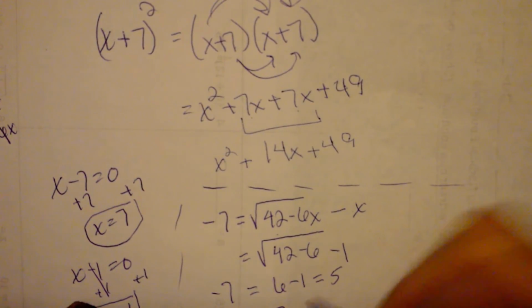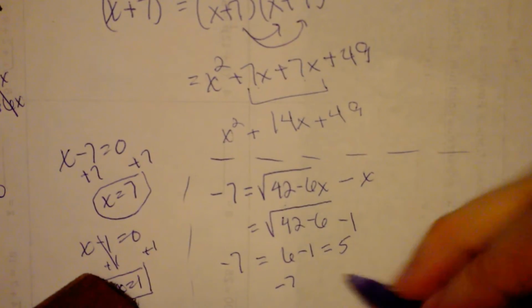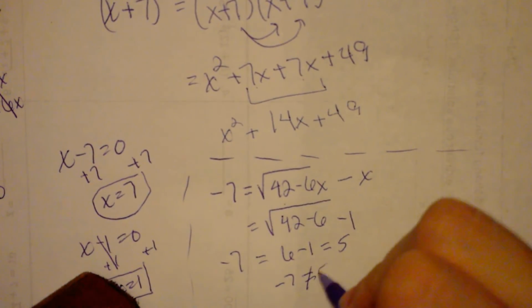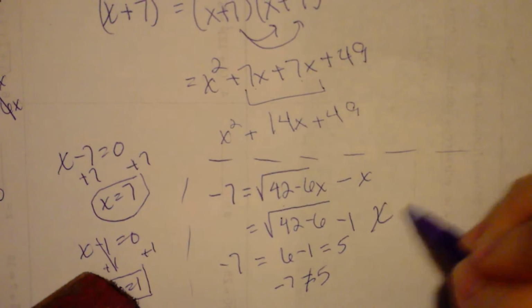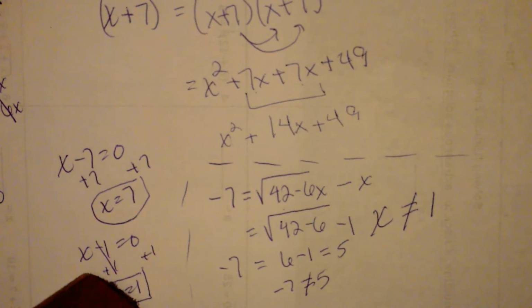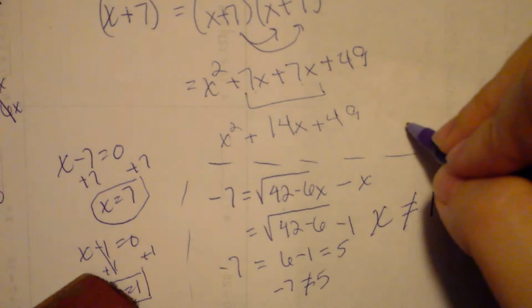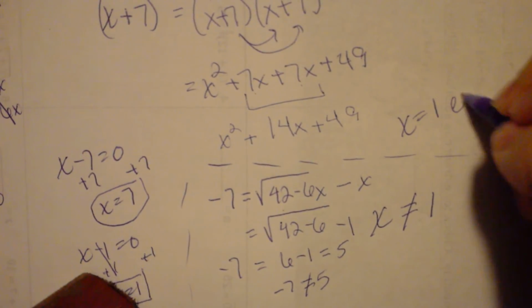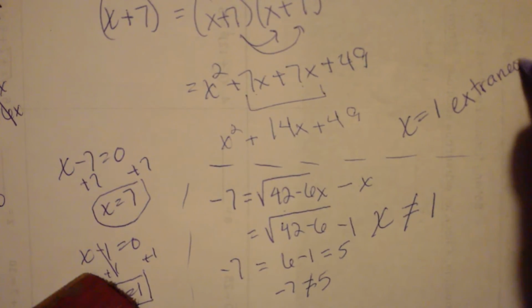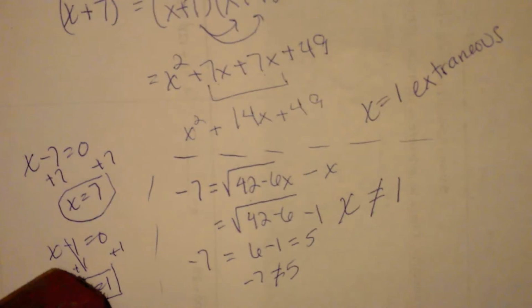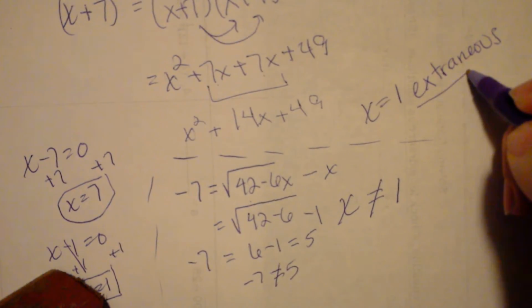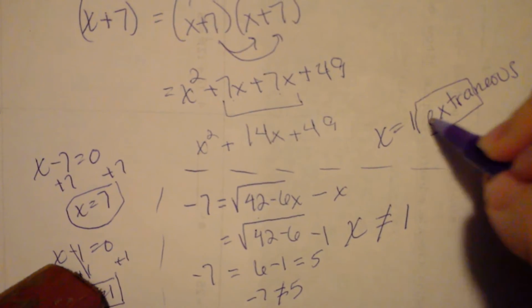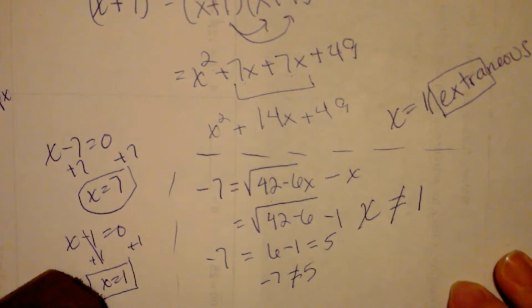Negative 7 does not equal 5. So x is not equal to 1. So when I got that x equaled 1, that is extraneous. And the root of extraneous is extra. So that was an extra answer.